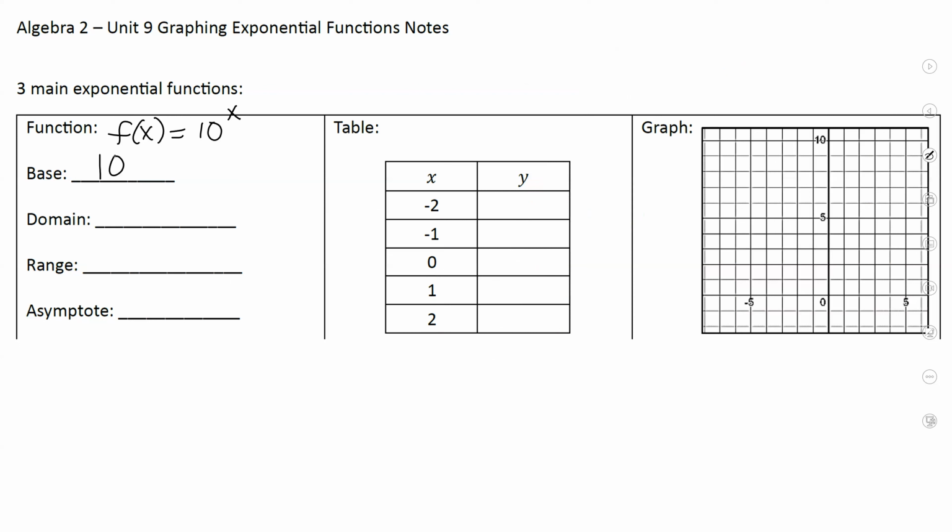Now we're going to do base 10. In your domain, it stays the same. All of these will be the same. Okay, so we're going to be doing base 10 this time. I have 10 to the -2 power. How do I rewrite this?